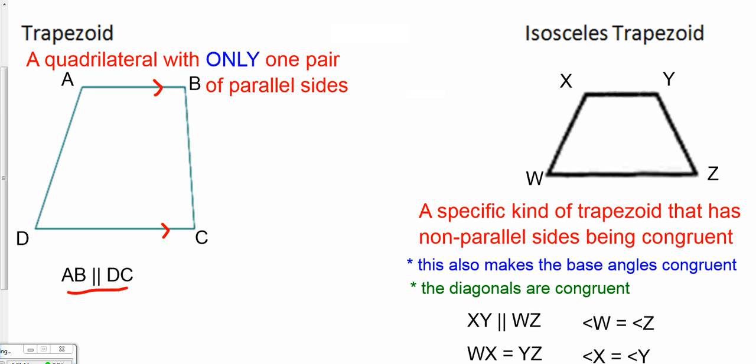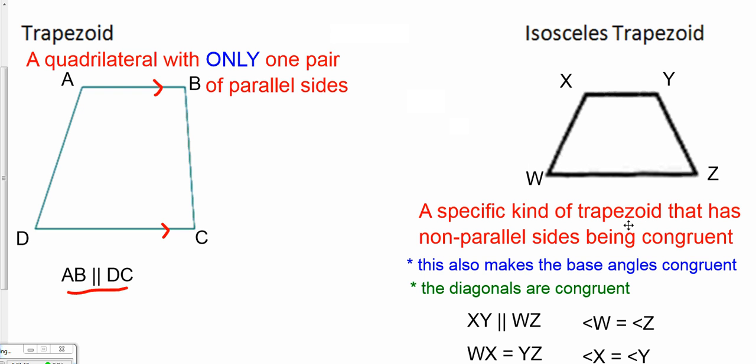So let's look at what an isosceles trapezoid would look like. This is a specific kind of trapezoid that has the non-parallel sides being congruent. Because it's a trapezoid, it's right in the name, we know that there's one pair of parallel sides. That's right here.